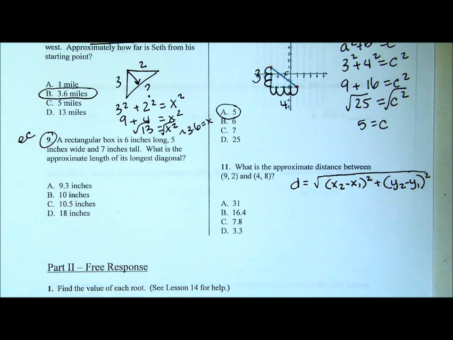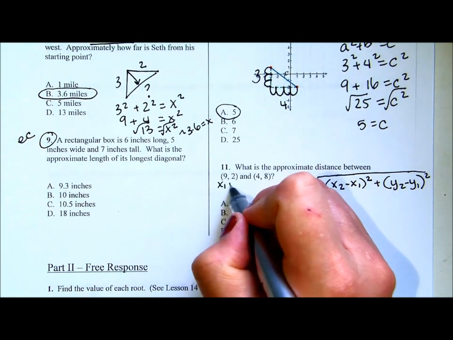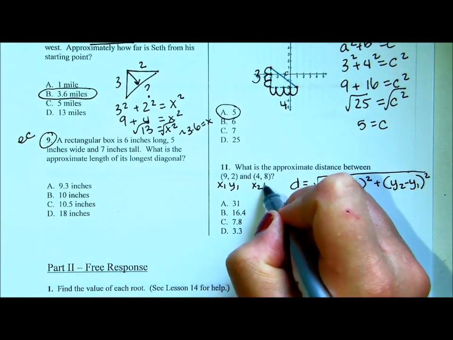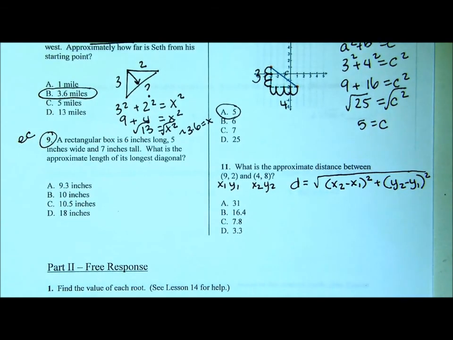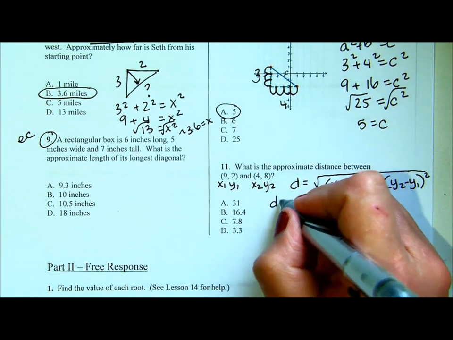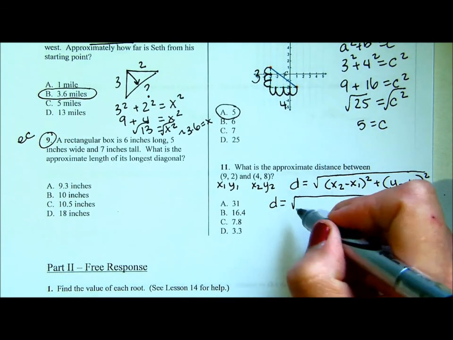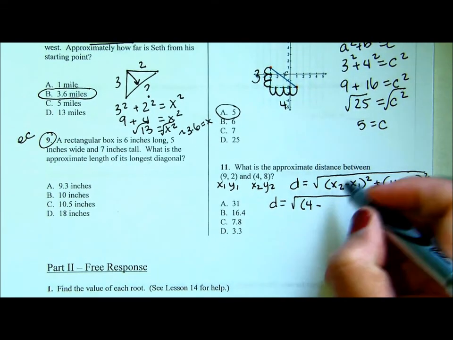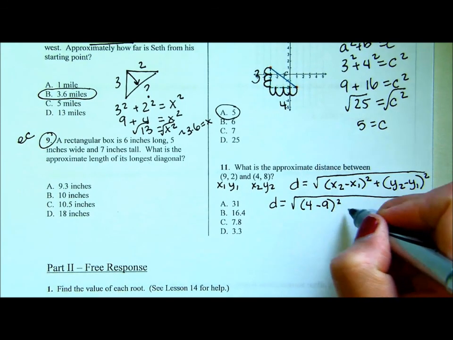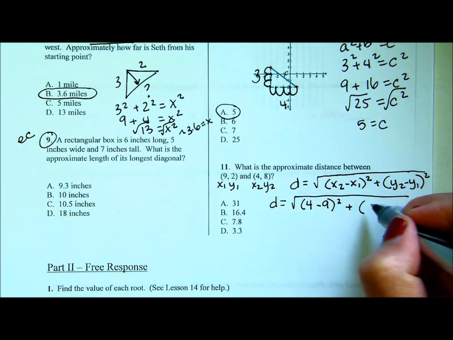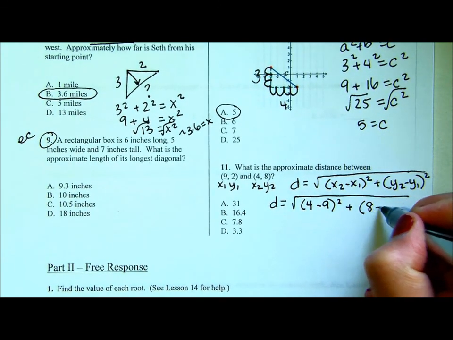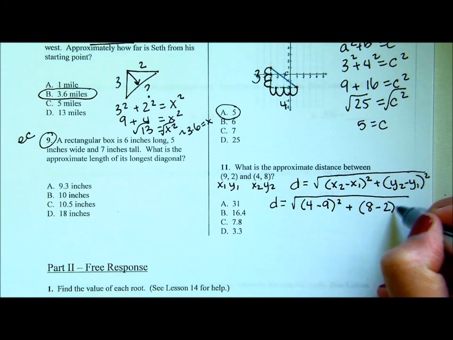So let's start labeling everything: x1, y1, x2, y2. Now let's plug this in. So we have D equals the square root of x2, which is 4, minus x1, which is 9, squared, plus y2, which is 8, minus y1, which is 2, squared.